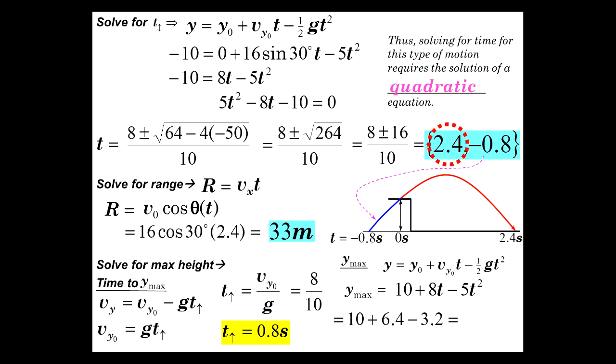Knowing that our time is 0.8 seconds, we can plug that in. We get 10 plus 6.4 minus 3.2, giving us 13.2 meters. That's our height. In this case, it'd be from the ground all the way up. If we start here, it would just be 3.2 meters to the top of the flight.